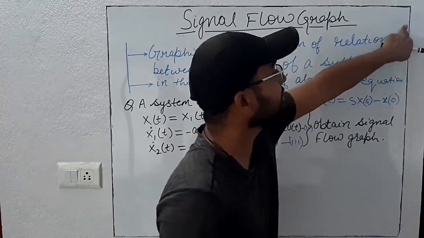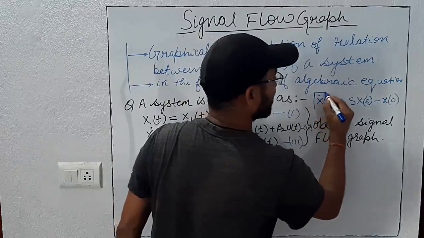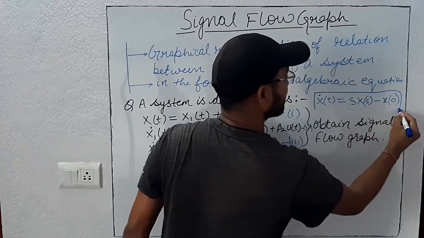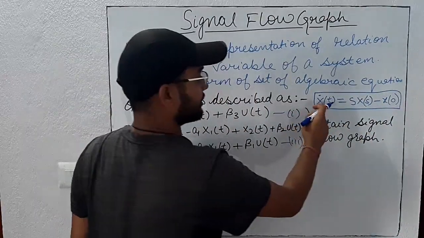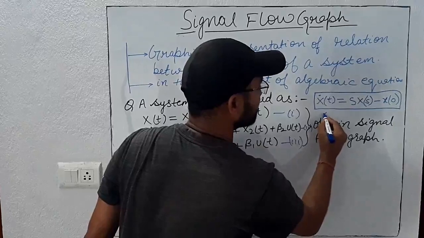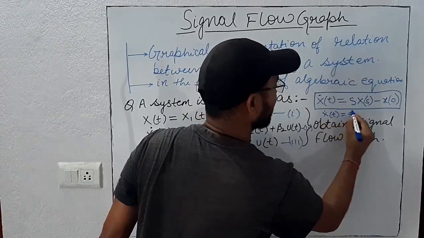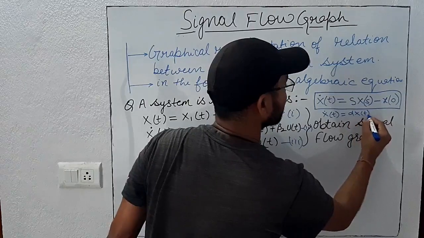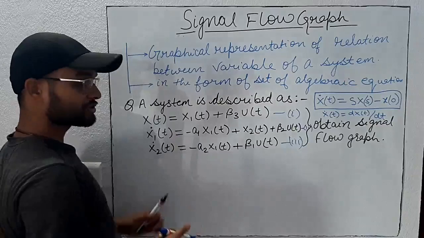That is the initial condition. We can write the Laplace transform of a differential equation like this, and x1 dot t is equal to dxt by dt. So this is our first question.